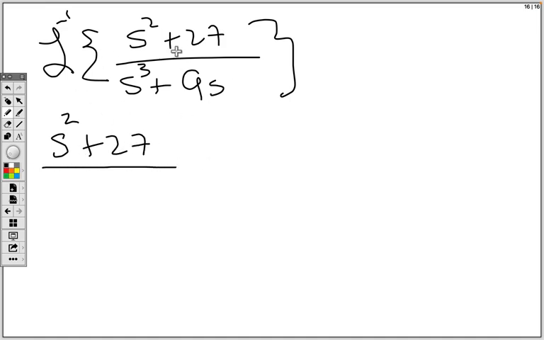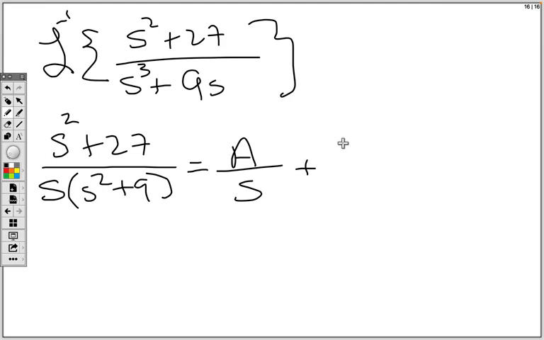So how do I factor this denominator? What's the furthest I can break that down? Yeah, take out that s. And this is an irreducible quadratic, right? Irreducible quadratics are quadratics where you have non-real zeros. So we're going to leave that there.